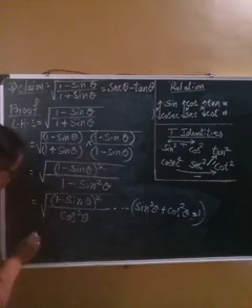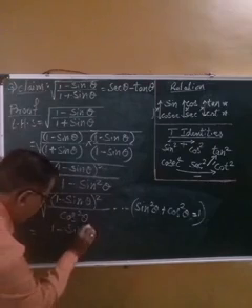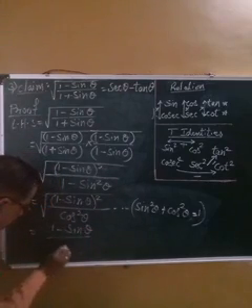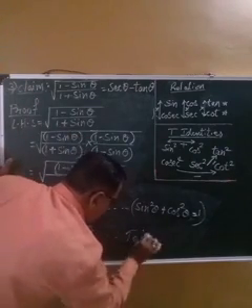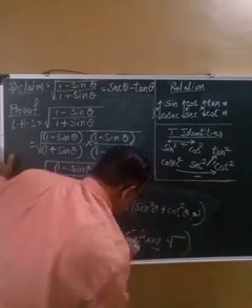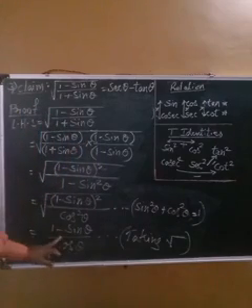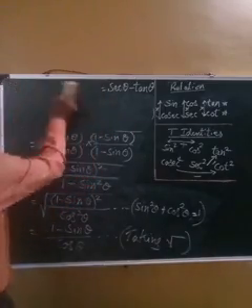Now if you remove the square root, we get 1 minus sin theta upon cos theta, taking square root, then the denominator is same for 1 and sin theta. So if you separate that, what do we get?